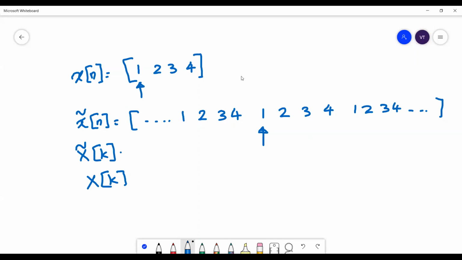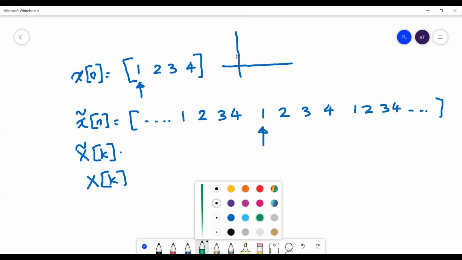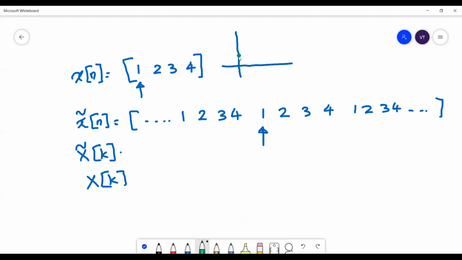Now, I will also plot the sequence. So this is x of k. This is 1, 2, 3, 4, at 0, 1, 2, 3, right?